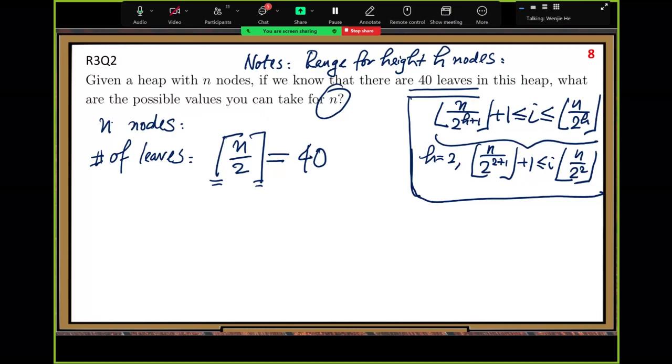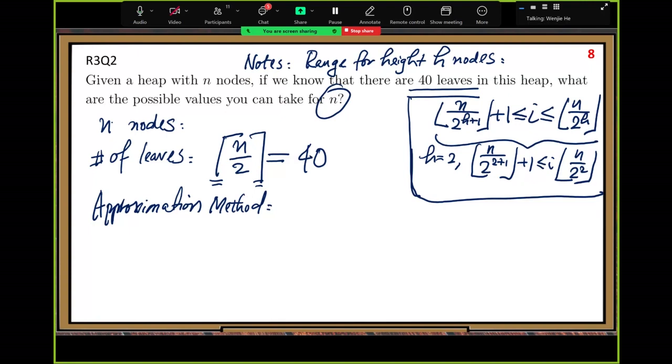We use the approximation method. So what's that? We remove the ceiling function. Simple. Remove the ceiling function.